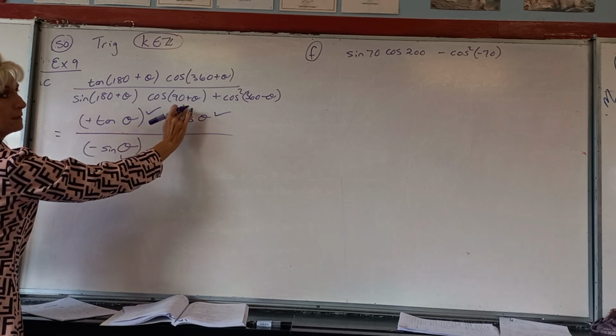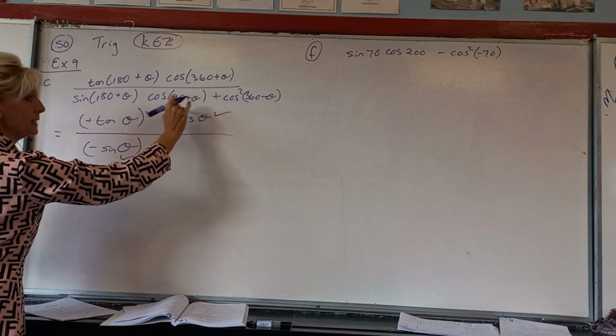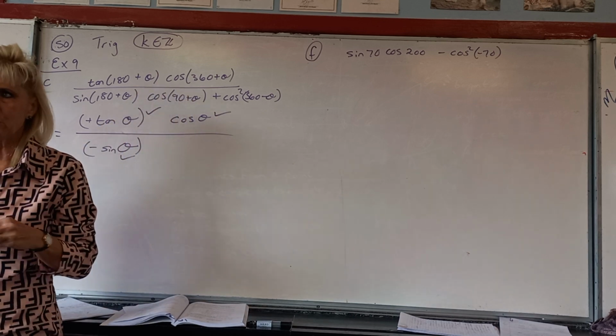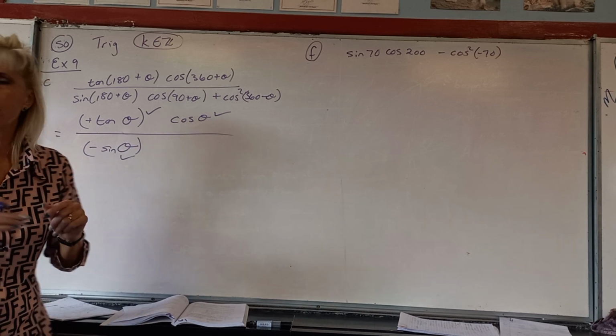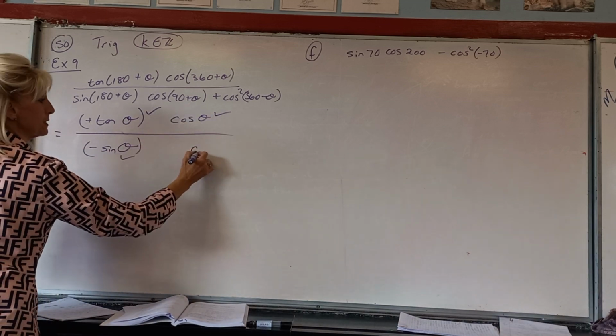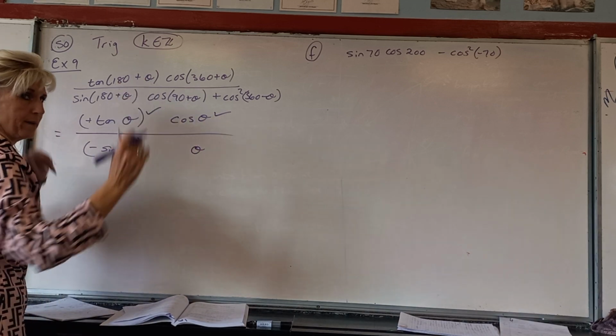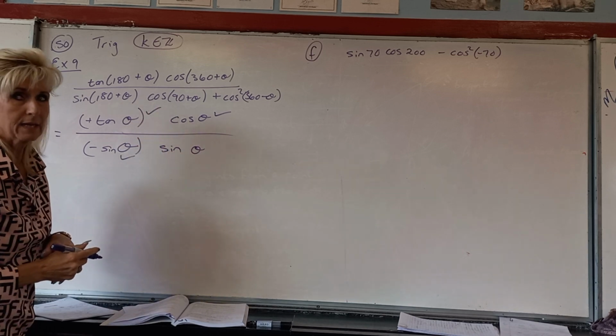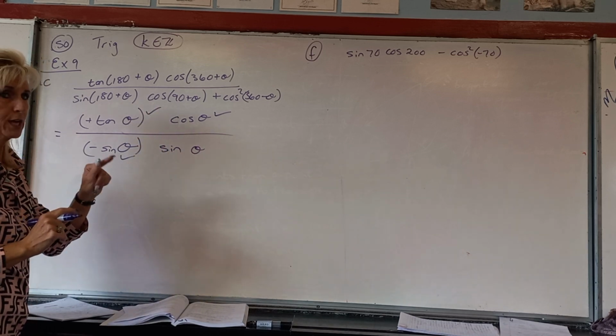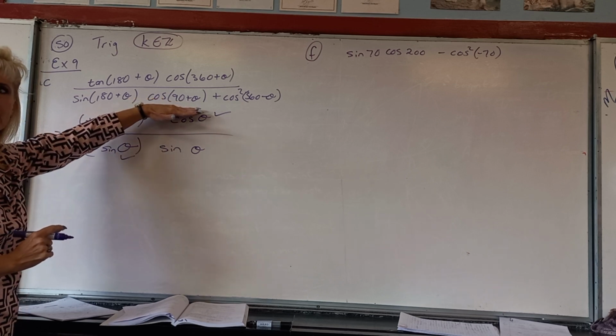Aha. Poof puff. 90 plus. All I'm allowed to ask you is 90 plus and 90 minus. Then you know it's poof puff and you go poof. So it's just the theatre, the 90 plus goes away. But then cos becomes sin. But you've got to check. Is it positive or is it negative?